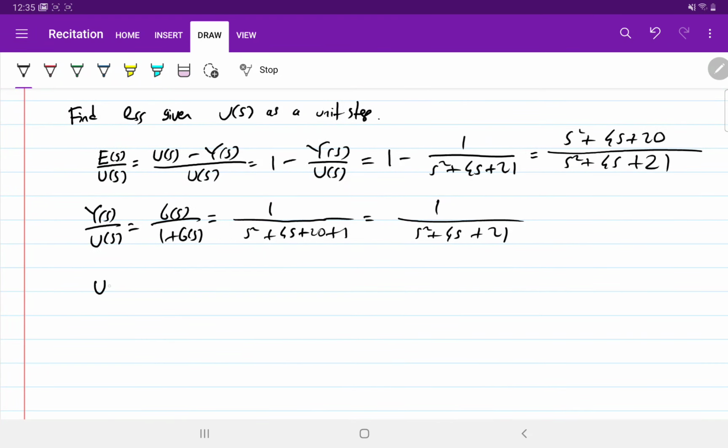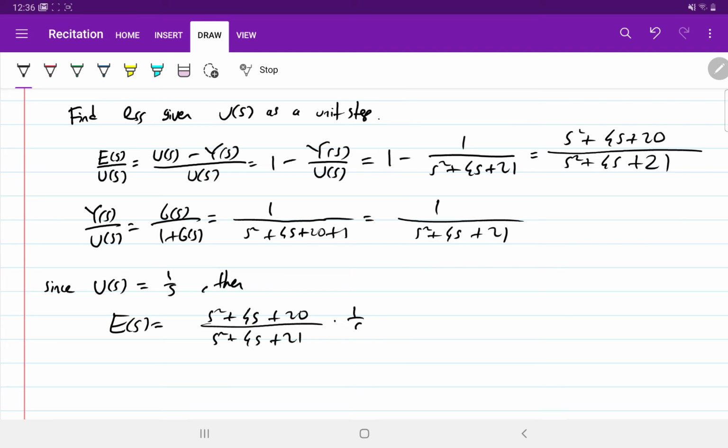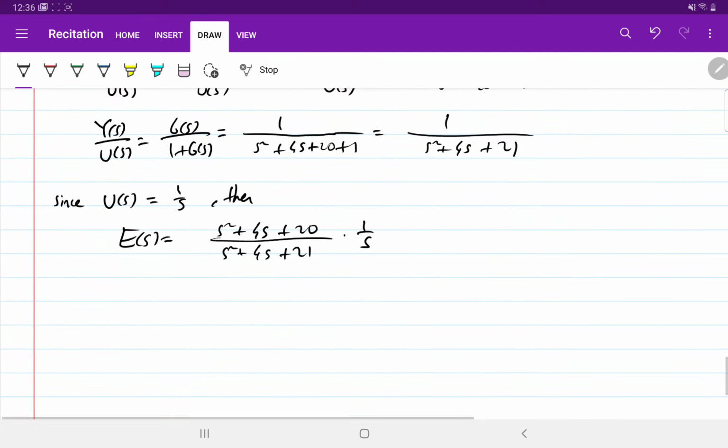And since U is a step, so 1 over S, then E of S is s squared plus 4s plus 20 over s squared plus 4s plus 21 times 1 over S. Hence, the steady state error can be computed through the final value theorem.